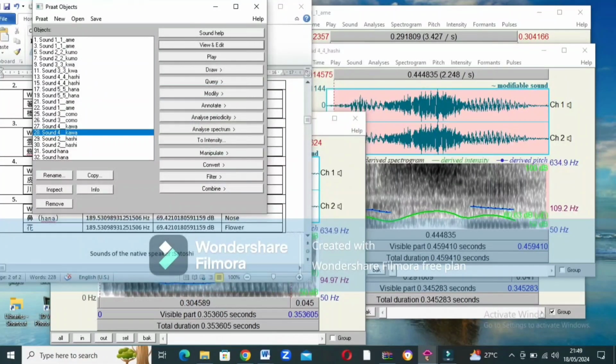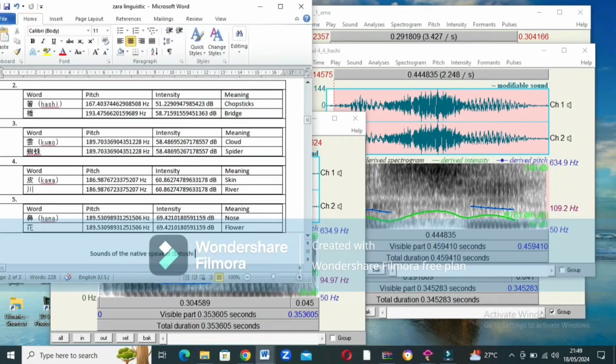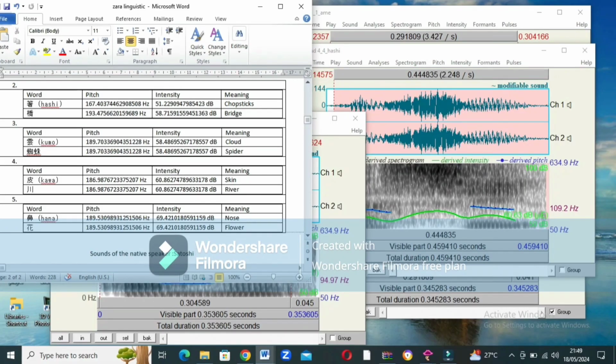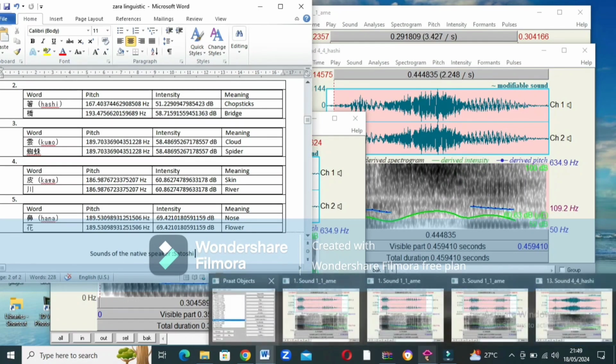Actually, kawa is the same, but I have been told by a native Japanese speaker that some words are pronounced the same but are different words. We can look here: these are two different words, but the pronunciation is the same, and the meanings are skin and river.